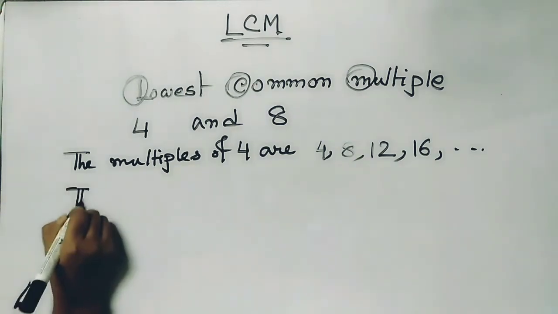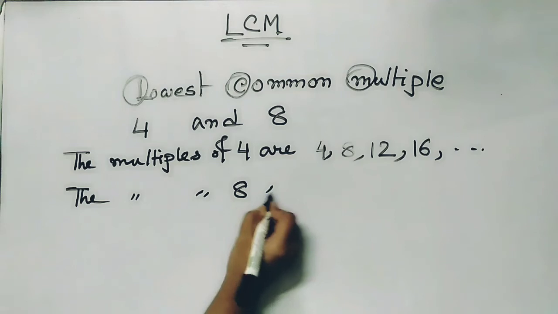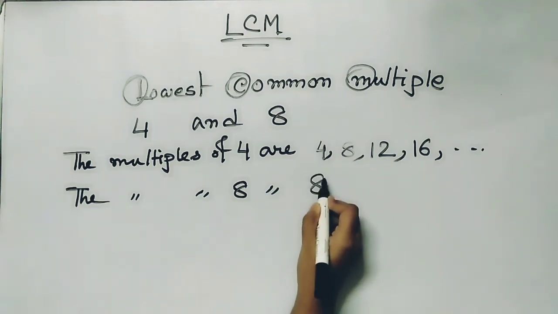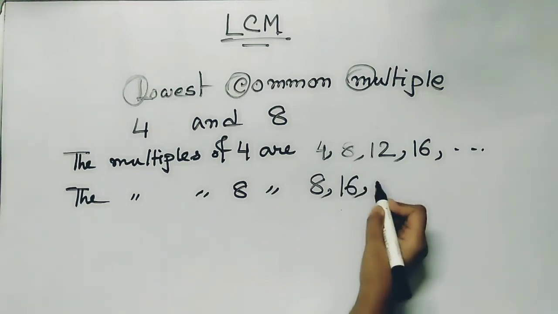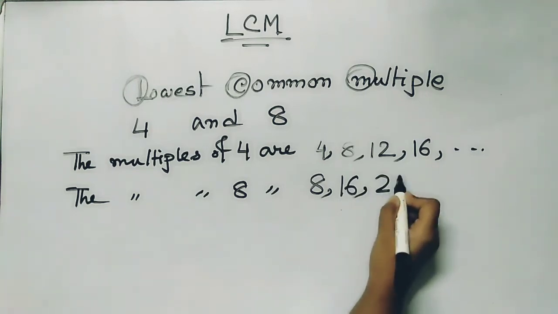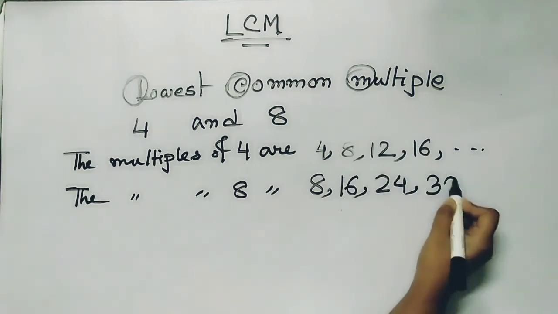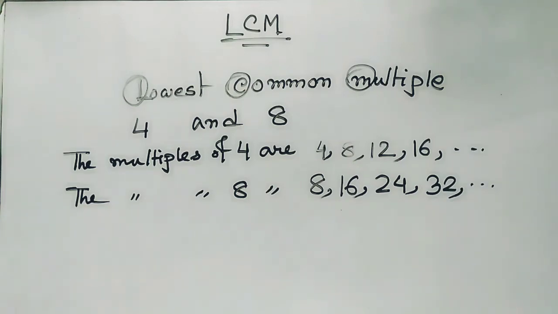And the multiples of 8 are 8 into 1 is 8, 8 into 2 is 16, 8 into 3 is 24, 8 into 4 is 32 and so on.